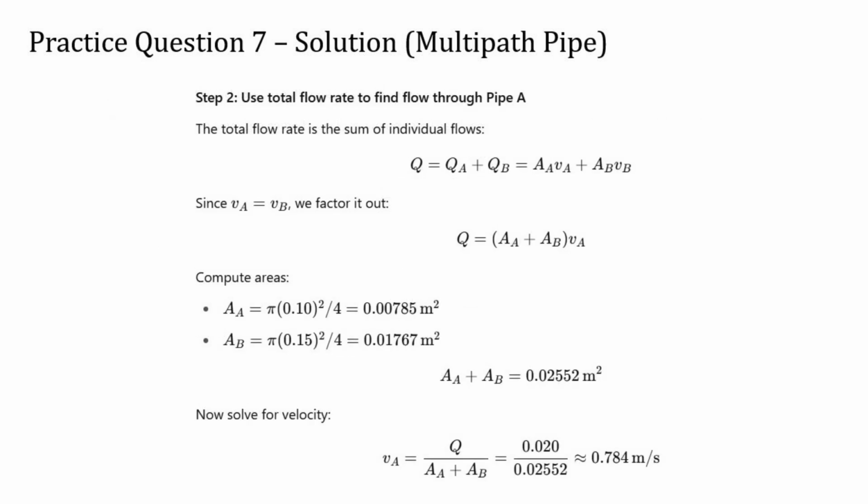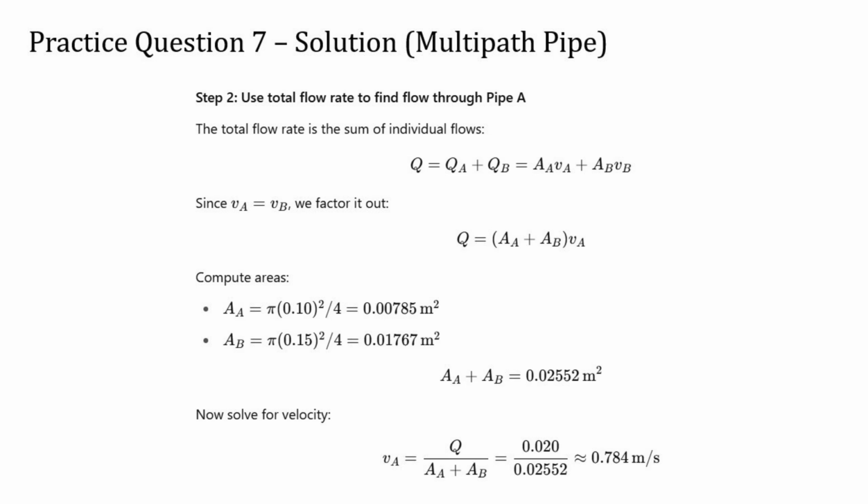With this established, we can now use the principle of conservation of mass. The total flow rate through the system must equal the sum of the flow rates in both branches. Since the velocities are equal, the total flow is the common velocity multiplied by the sum of the cross-sectional areas of pipe A and pipe B. We calculate those areas using the standard formula for the area of a circle and sum them to get the total area for flow.